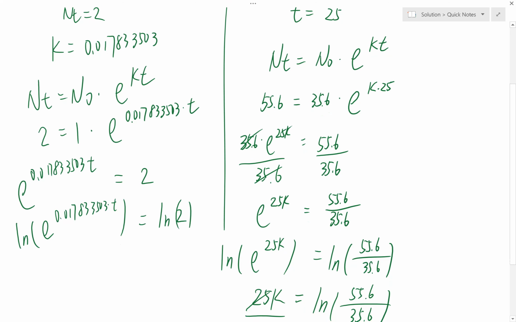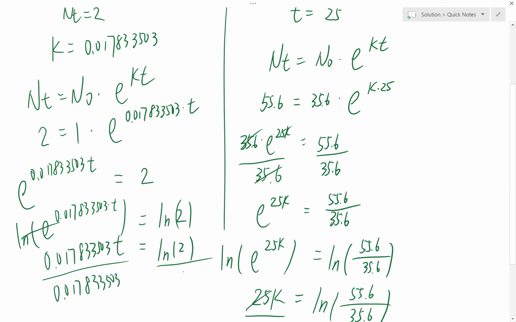Now LN and e offset each other, so we end up with 0.017833503 T equal to LN of 2. You just divide both sides of the equation by this number. Then we get the final result.